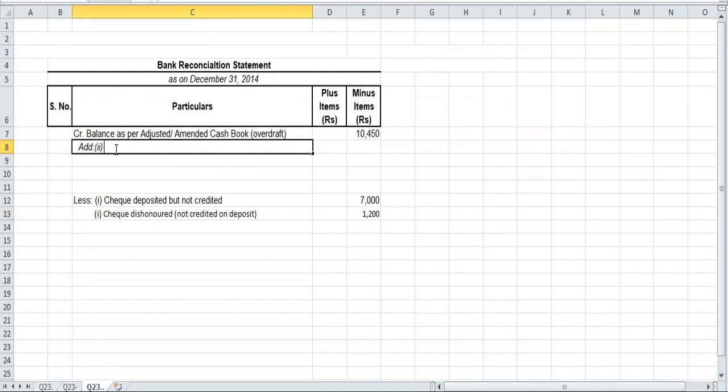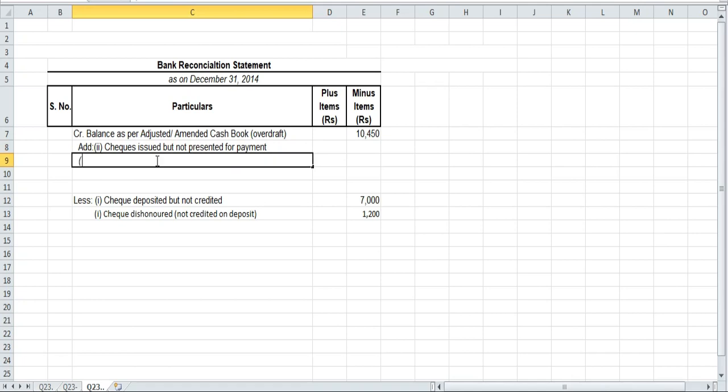Number 2, we'll write here checks issued but not presented for payment. And then here in bracket we'll write down the amount.